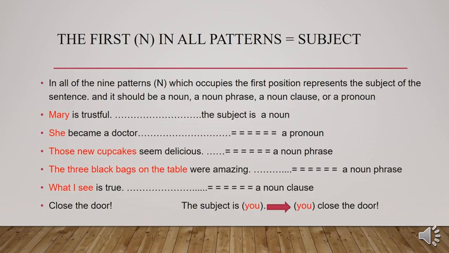These bags are modified by the adjective black, the number 3, the definite article the, and on the table, a prepositional phrase that indicates the position of the bags. So the 3 black bags on the table is the subject. It comes in the form of a noun phrase because we have a noun that is modified by words, adjectives, a definite article, and a prepositional phrase.